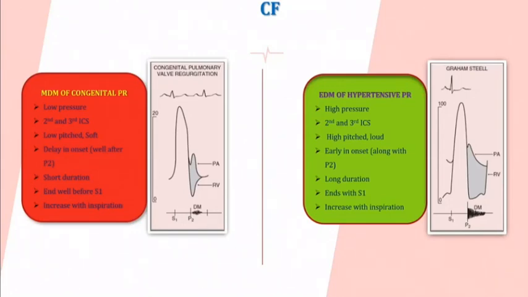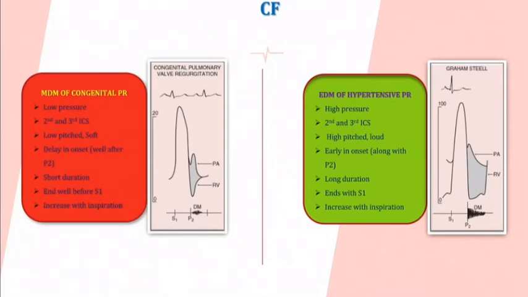There can be a delay in the onset of the murmur, an audible gap between P2 and the murmur initiation, and the murmur is of short duration and ends well before the first heart sound.